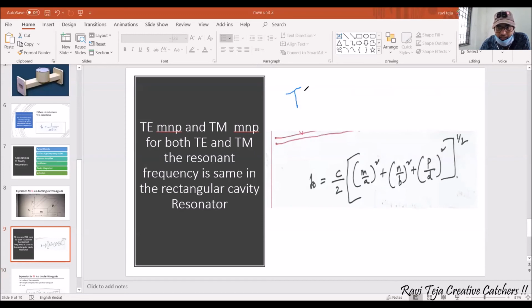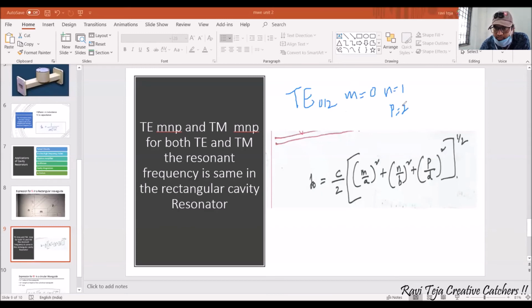They will give you this mode with some dimensions, and they will tell you to find the operating frequency in a circular cavity resonator. So here, as per the given data, m equal to 0, n equal to 1, small p is equal to 2.